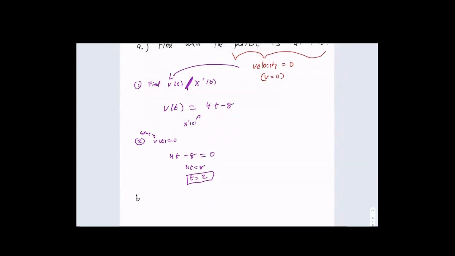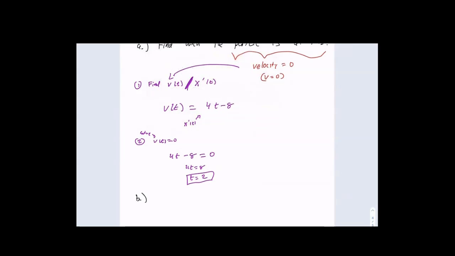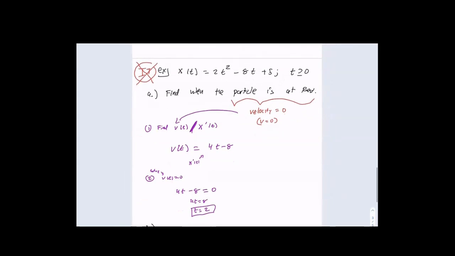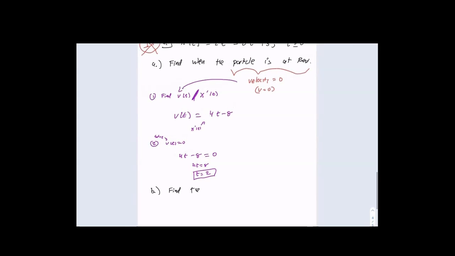Now, how does it work here? Find the position when the particle is at rest.